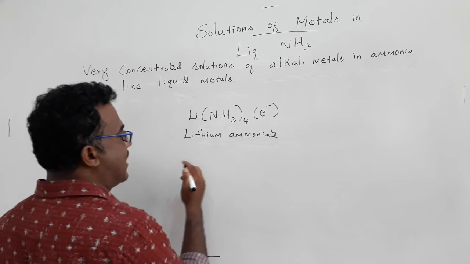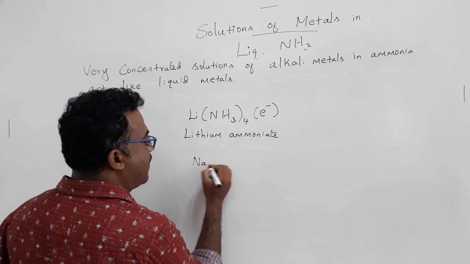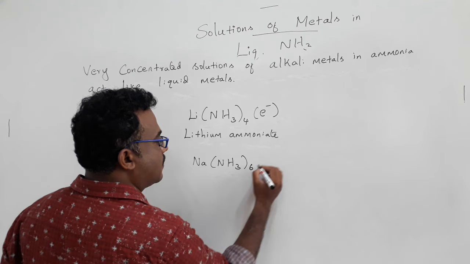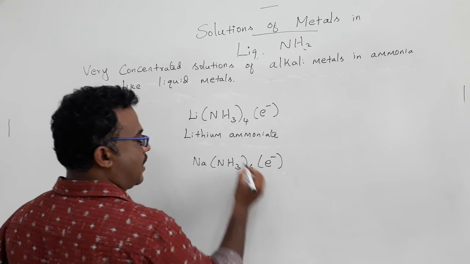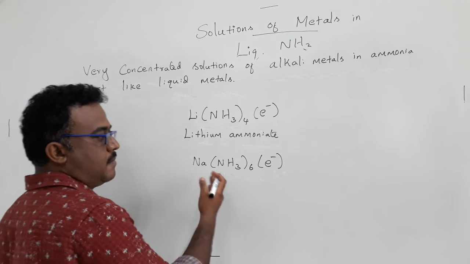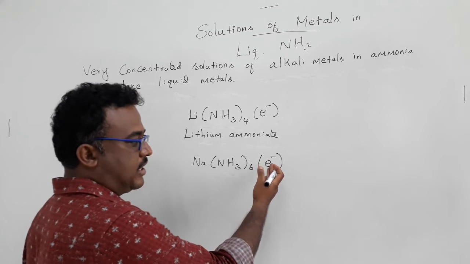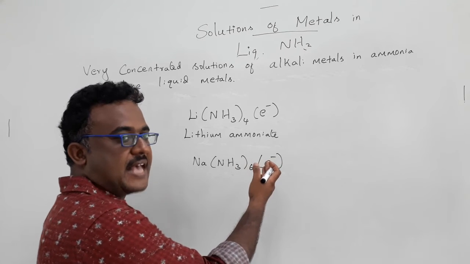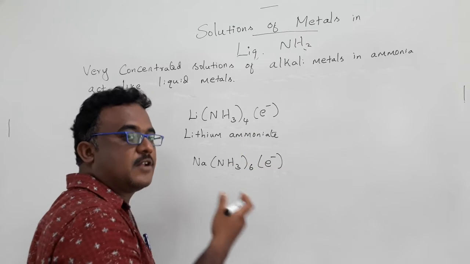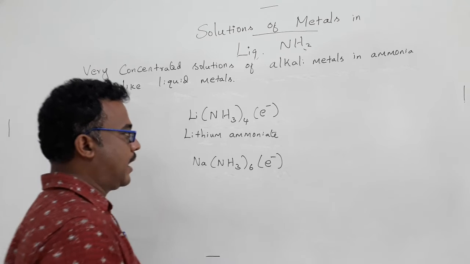When you replace lithium with sodium, it will have an octahedral geometry at the metal center. This will be sodium ammoniate. Because of the generation of electrons, the electrical conductivity as well as the paramagnetism will go on increasing.